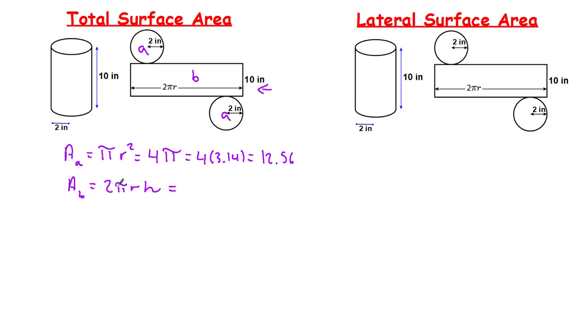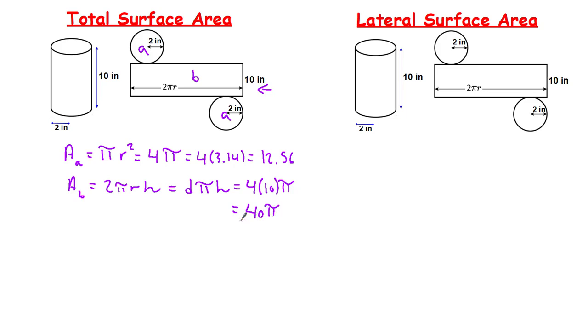So 2r, I'm just going to call that the diameter. So diameter times pi times h. So our diameter here is going to be 4. Our height is 10. And we have pi. So this is going to be equal to 40 pi.